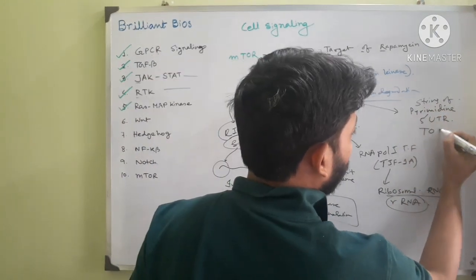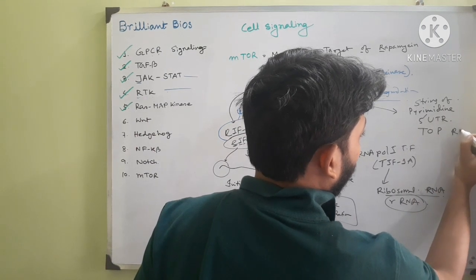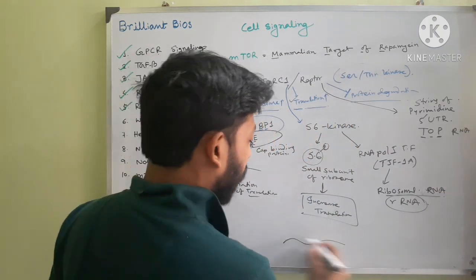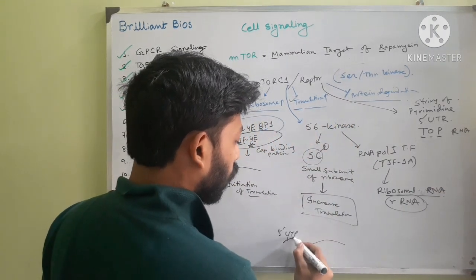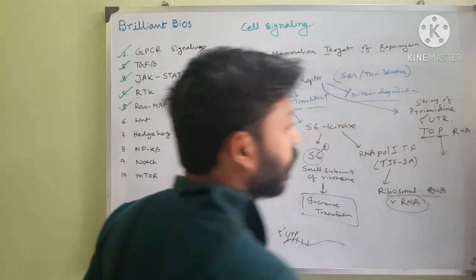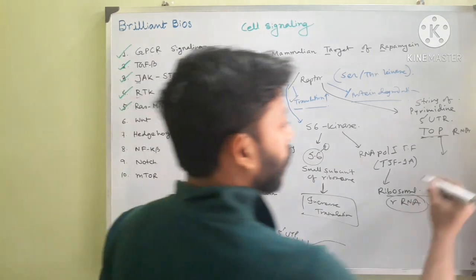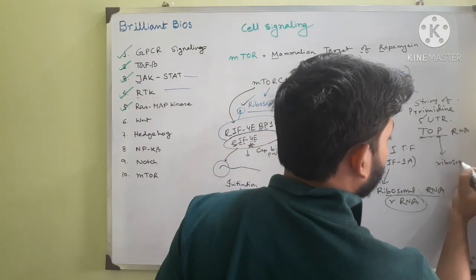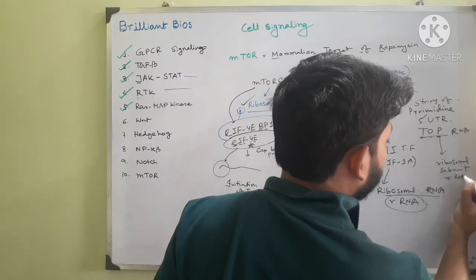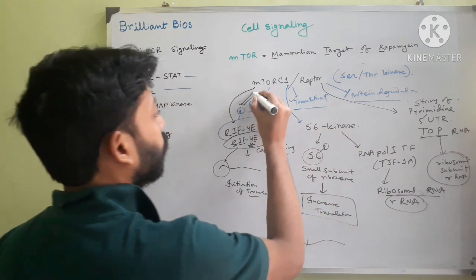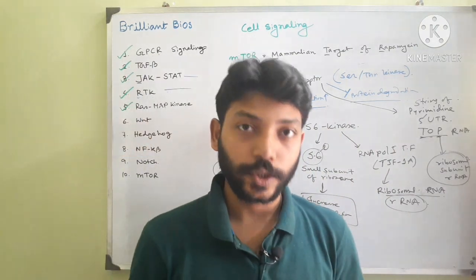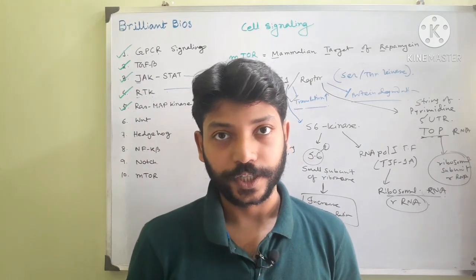This is called TOP RNA. Why is it called TOP? TOP means tract of pyrimidine. Those RNAs at the 5' UTR position have many pyrimidines. Those are called TOP RNAs. They help produce ribosomal subunits and also rRNA. That's why it promotes the production of ribosomes. So by this way, the mTOR pathway controls cell growth, cell proliferation and cell survival.